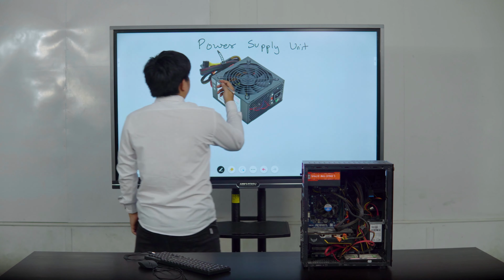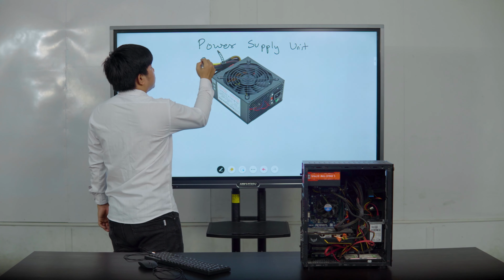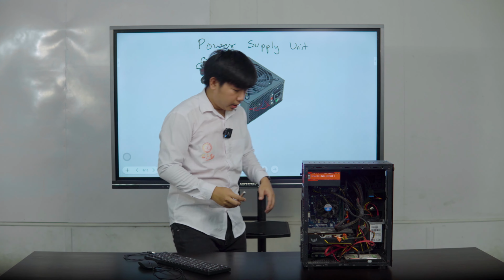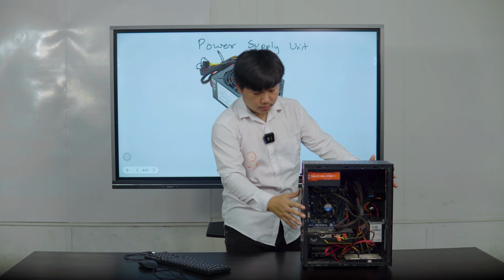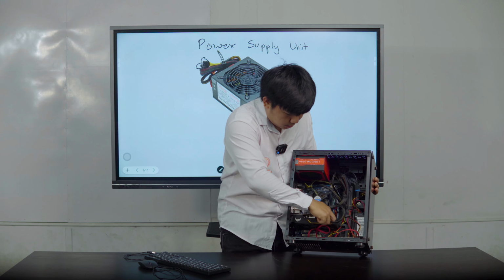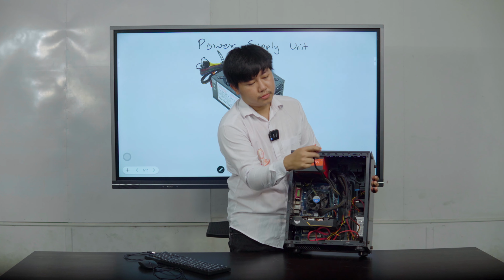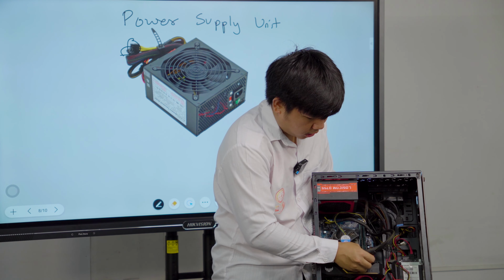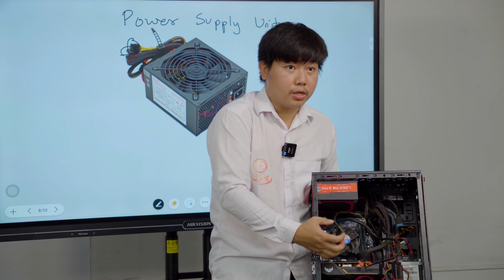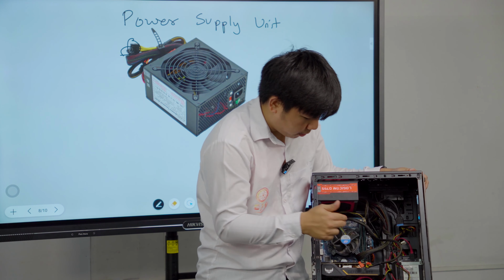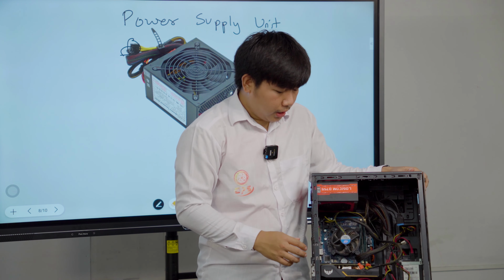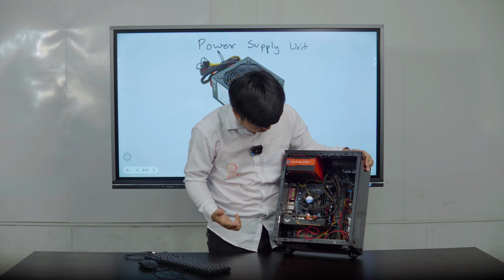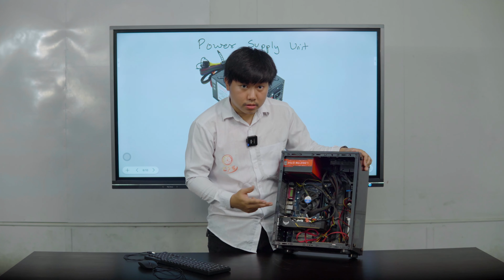Here, when we look at it, we'll see the heads. These heads go to different components. As we look here, this is for the GPU. It has 6 pins, and it works individually. It doesn't take an electricity supply from the motherboard. So what about the CPU, RAMs, and some fans?